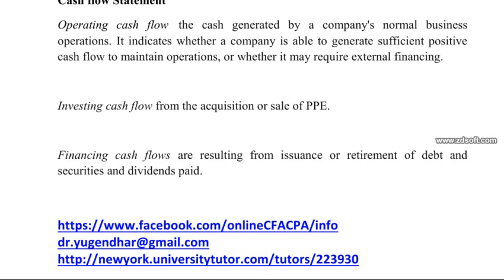The last and final is cash flow from financing activities, those cash flows from activities related to obtaining or repaying capital to be used in the business. Financing cash flows result from issuance or retirement of debt and securities and dividend payments.